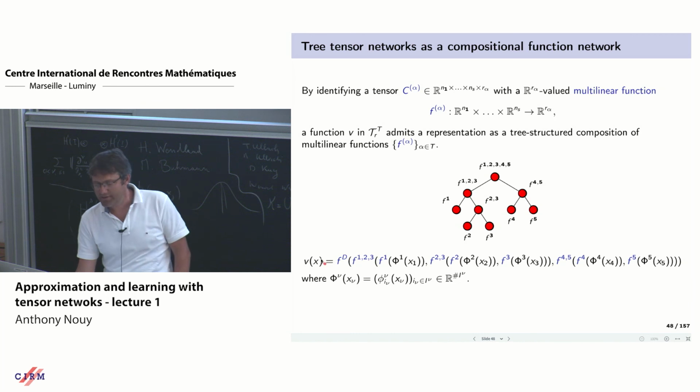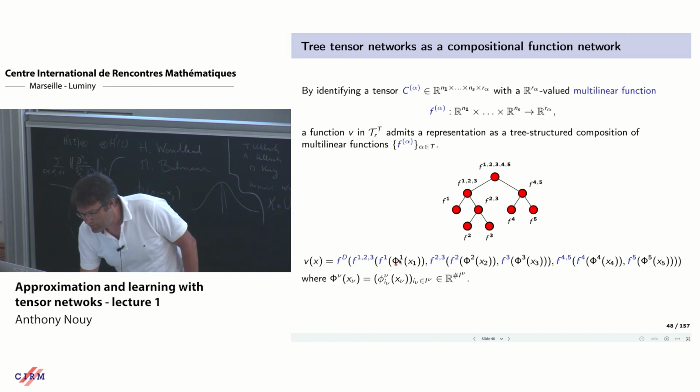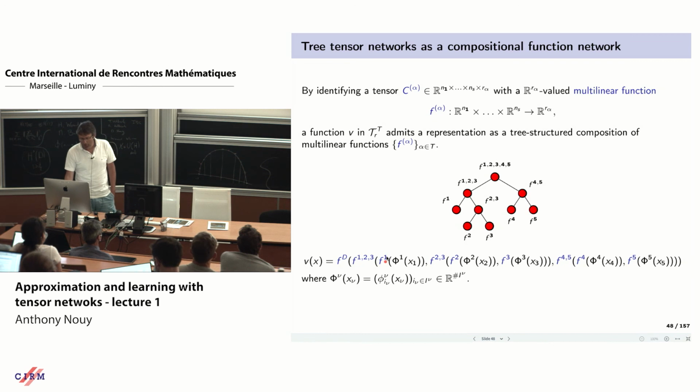And what you can show is that an equivalent representation is the following one, where you have multiple composition of functions. So here you have the feature map associated with x1 that gives you a certain vector of size R1. You apply to this a linear map F1. The feature map gives you a vector of the size of the dimension of the space V1.